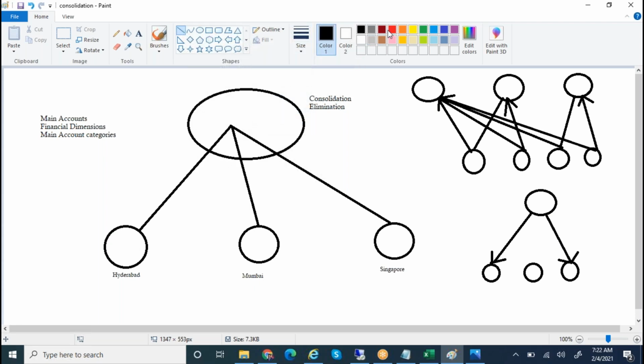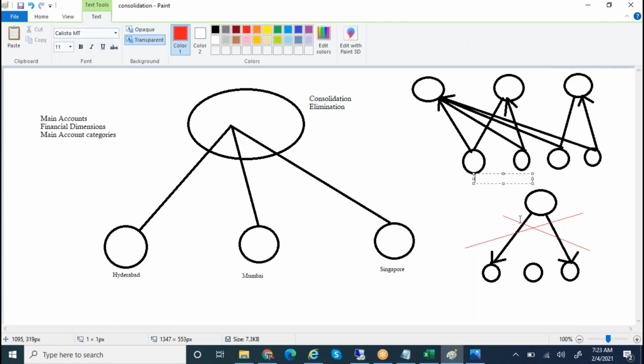So some ERPs will use this hierarchy also. But in Dynamics AX, we don't have this hierarchy. We have this hierarchy. The main benefit of this is that at any point of time, I can create one parent company, and I can combine this company, this company, and this company, only A, C, D, suppose. Yes, I can combine. I can create one more legal entity. Understood? The benefit of parent mapping.